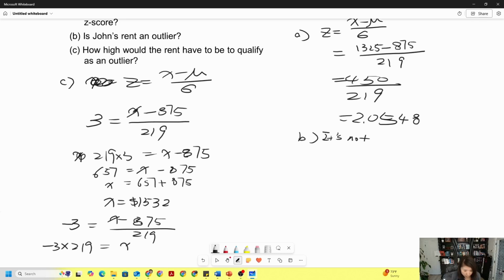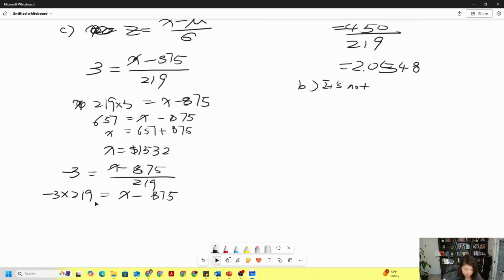On the right hand side we are left with x minus 875, and on the left hand side here is going to be negative 387, because this is the same calculation but with a negative sign, and it equals x minus 875.